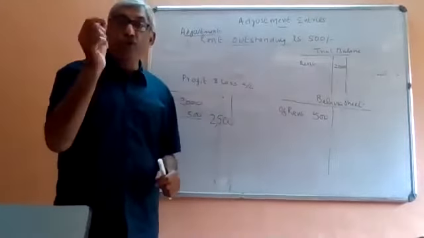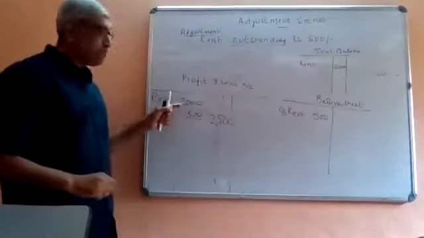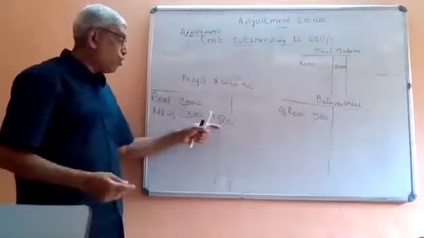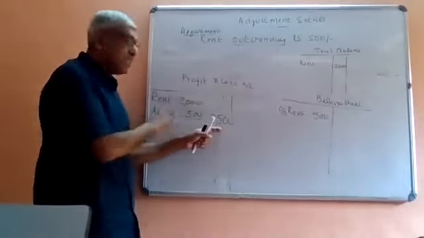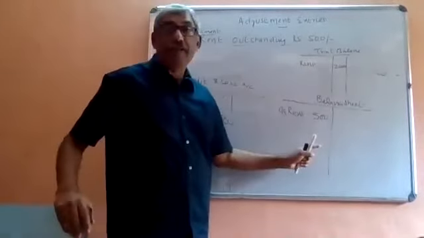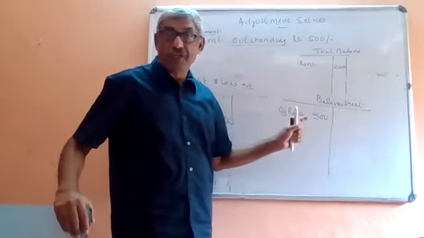So you have to add the outstanding amount with the expense. So your total will become rent plus outstanding. And since we have not paid this amount, this will come on the liability side of the balance sheet.